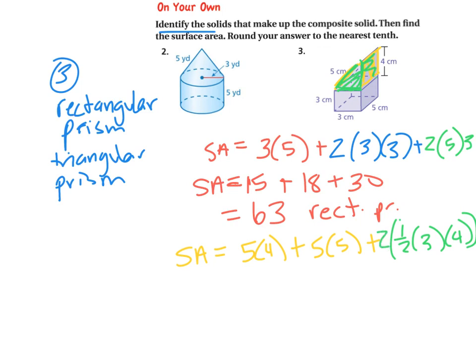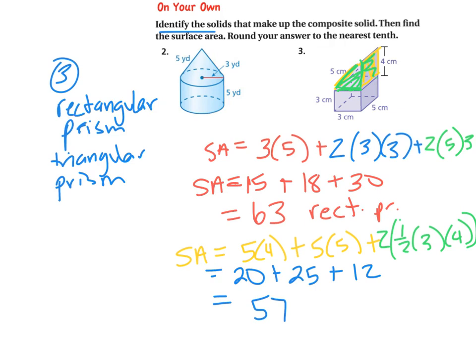So let's simplify this. 5 times 4 is 20. 5 times 5 is 25. Plus, let's do the inside. 3 times 4 is 12. Times 1/2, which would be 6. But 6 times 2, because there's 2 of them, would be 12. And then 12 plus 25 plus 20 gives you 57.